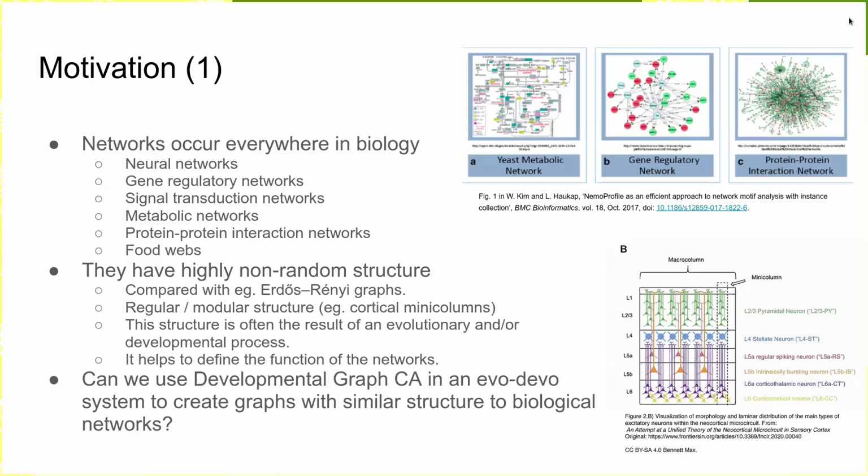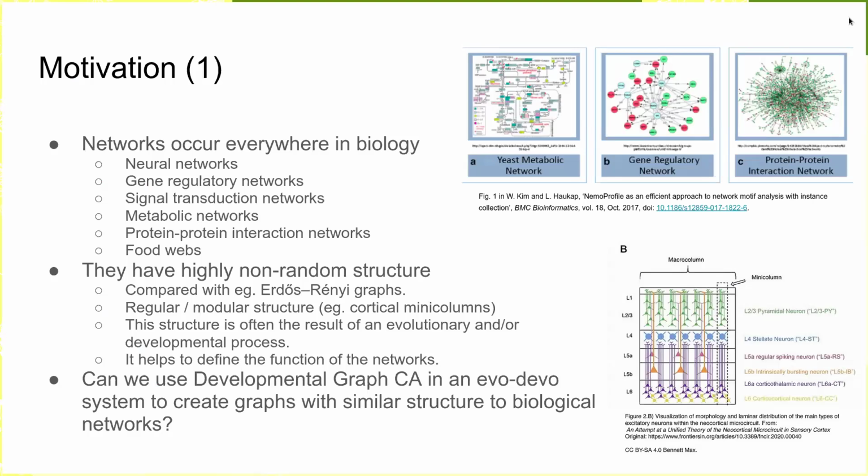So, for example, on the bottom right, we've got a picture of these cortical mini columns, which seem to form modules in the cortex. And certainly compared with random graph generation algorithms like the Erdos-Renyi method, these are highly non-random, highly structured graphs.